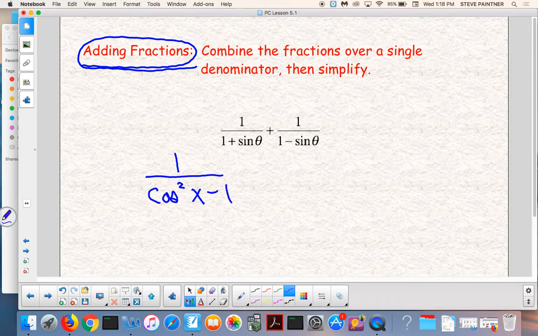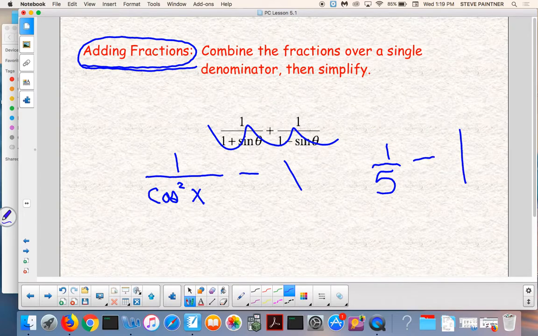The 1 is after the fraction. Yep, I gotcha. Now what? Okay, here we go. You need a common denominator. When you add or subtract, think of this problem like this. Ready? 1 over 5 minus 1. How would you do it?